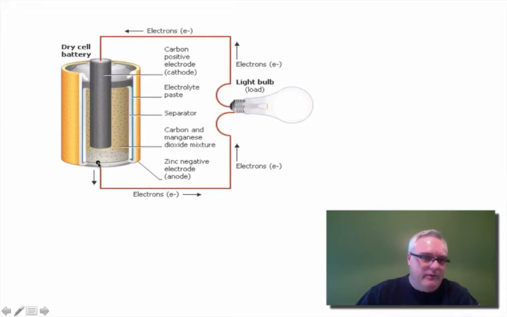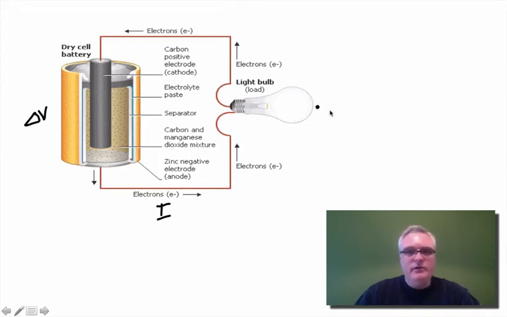So the electrons leave the battery with energy, pass through the light bulb and give up their energy, and then they travel back to the battery, gain more energy, come back, and give energy to the light bulb. That's a basic electric circuit. So we have potential difference, we have current, and then we have a load. We often call the load resistance, symbolized by a capital R.